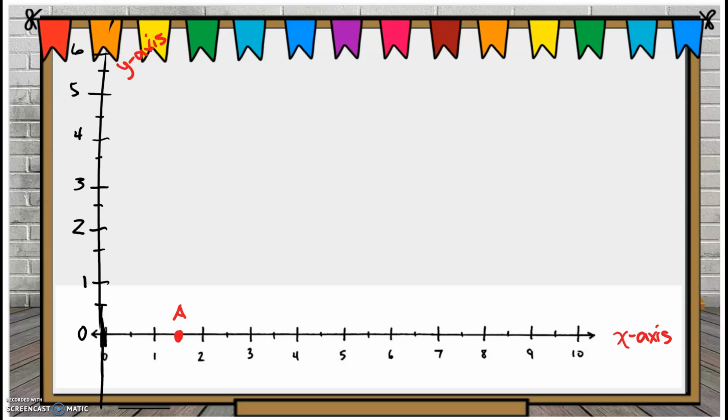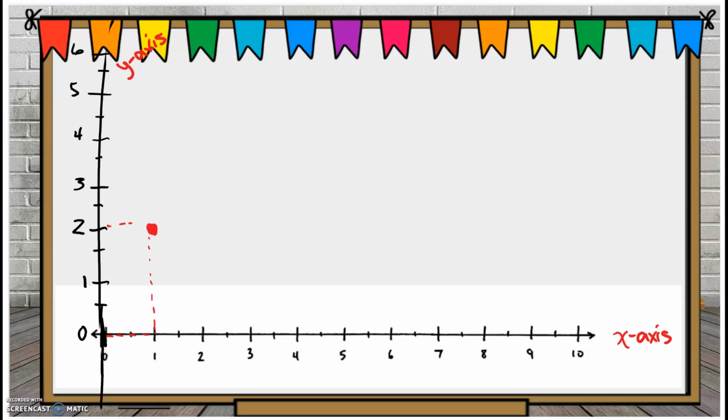So let's look at the point 1, 2. I'm going to draw a dot right there. And I know that I went 1 unit to the right, and then I went 2 units up to get 1, 2.